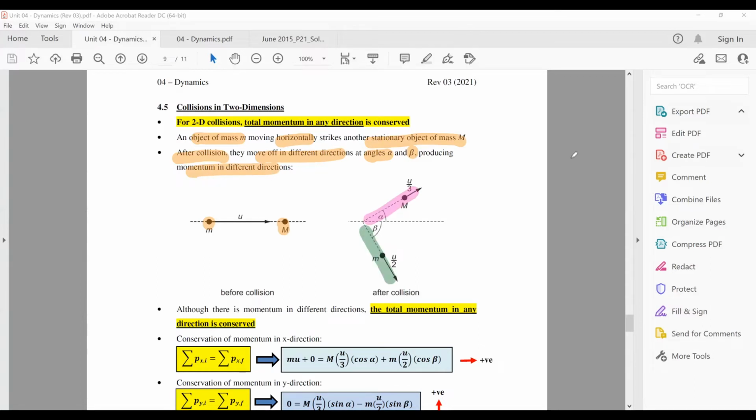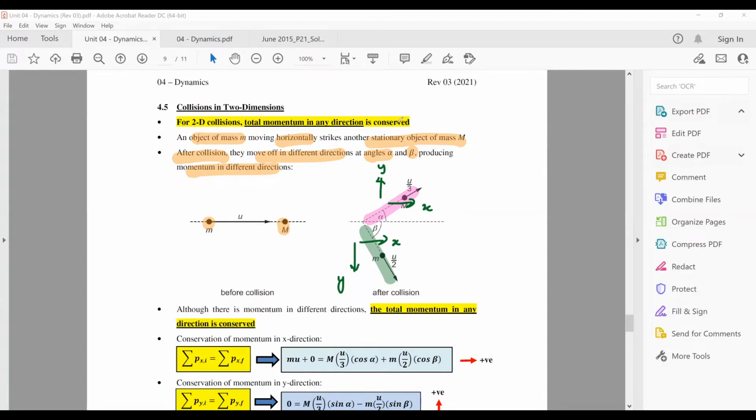As I mentioned to you, their momenta can be resolved into 2 perpendicular components. So you could have a momentum in the y direction and x direction for this, and also a momentum in the y direction and x direction here. Conservation of momentum will still apply in this case.